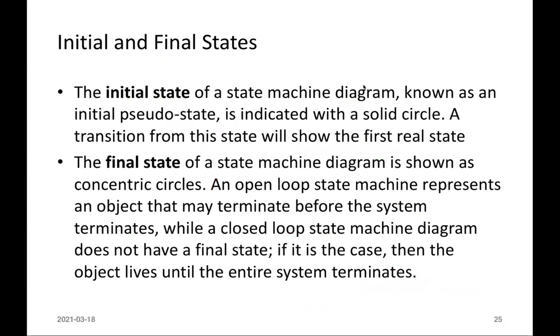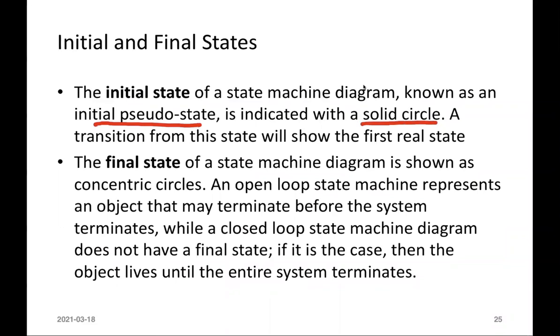What is the definition of an initial state of the state machine diagram? The initial state is a state that shows the creation of an object. We have another terminology for the initial state, which is called the initial pseudostate. Keep in mind it is always denoted by a solid circle.